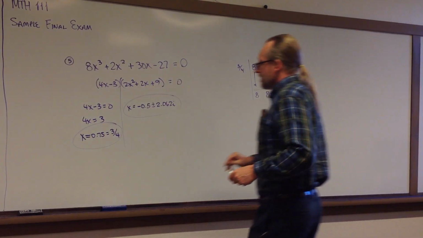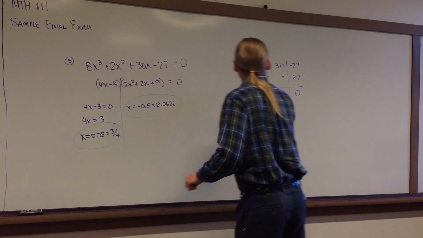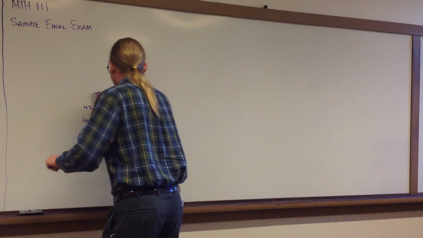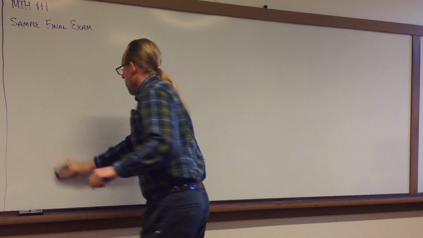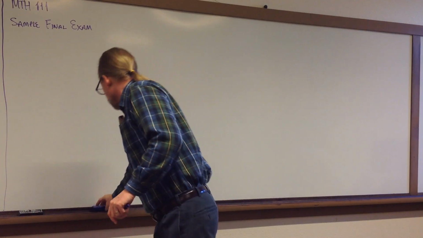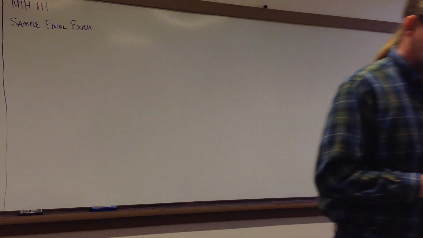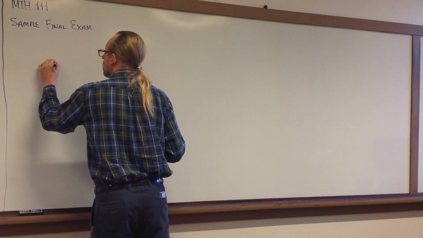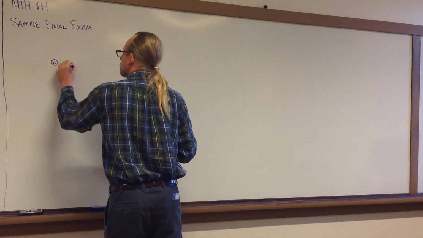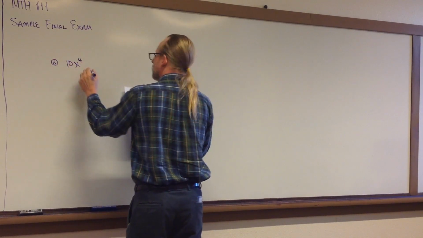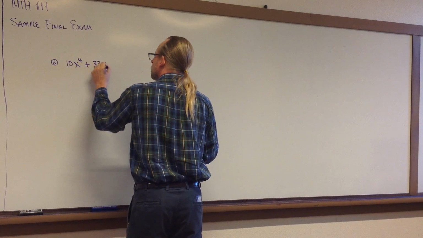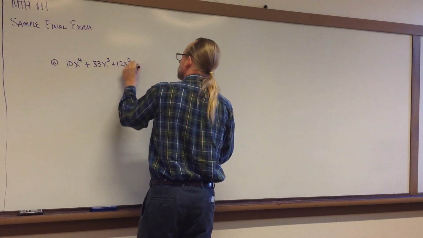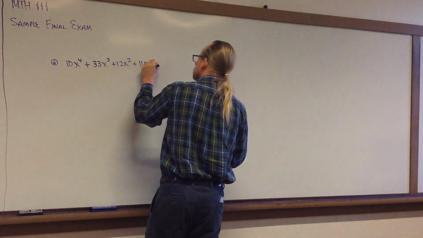Okay. Let's take a look at number 6. Number 6. 10x to the 4th, 33x cubed, 12x squared, 11x plus 6.